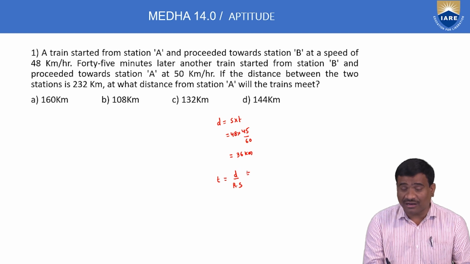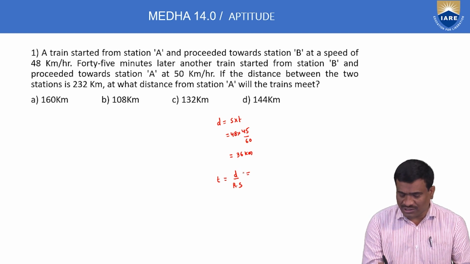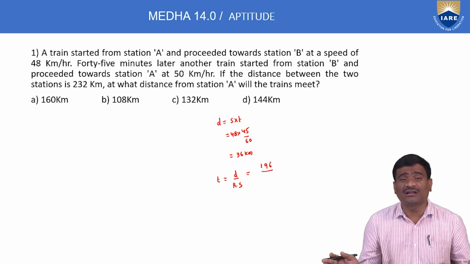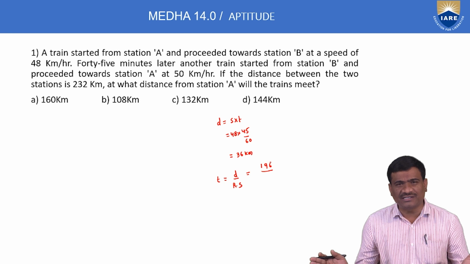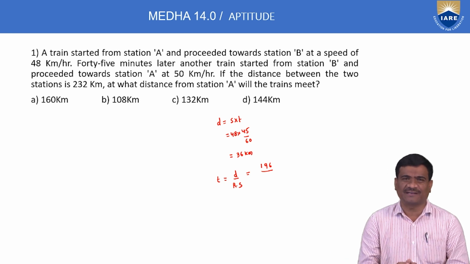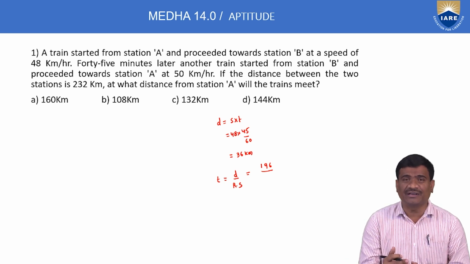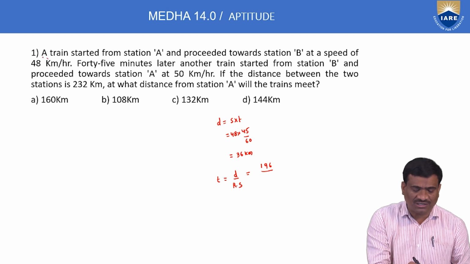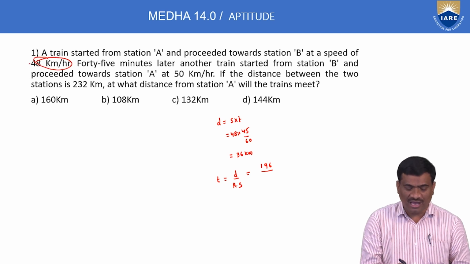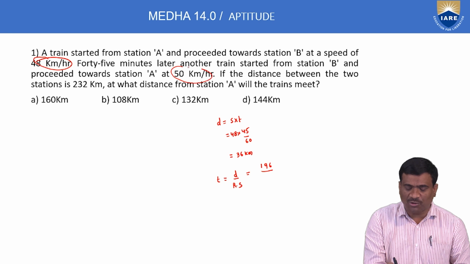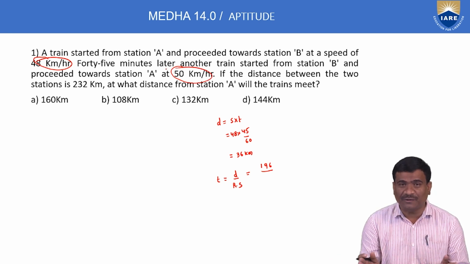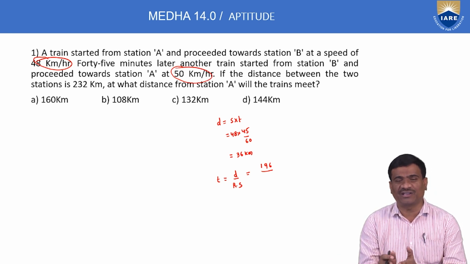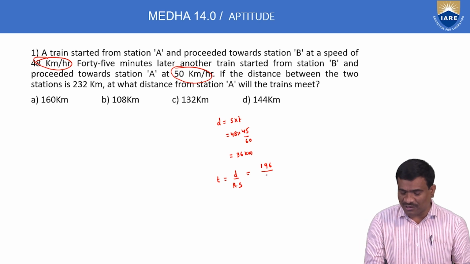The two trains are moving in the opposite direction, so relative speed is the sum of their speeds, that is 48 plus 50, which is 98 km per hour.